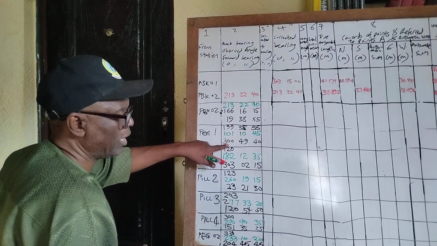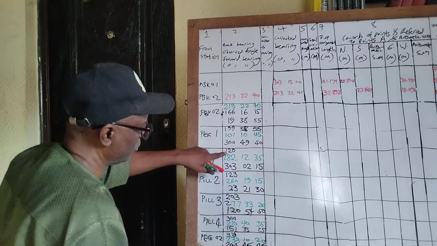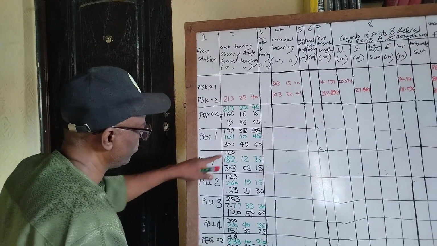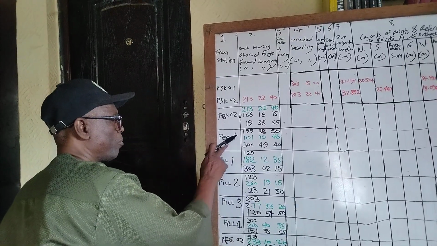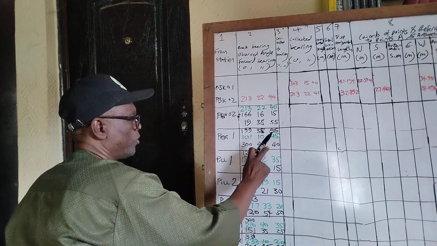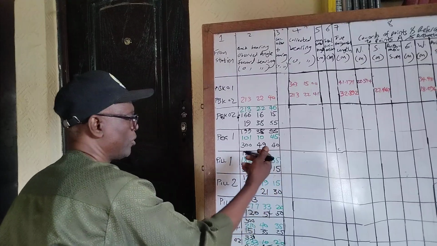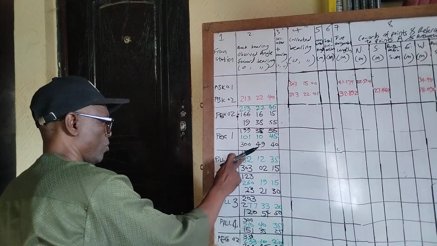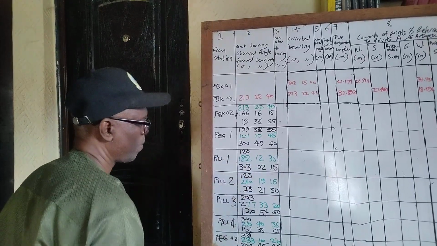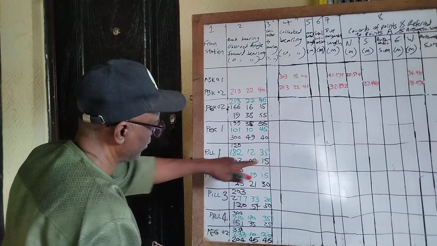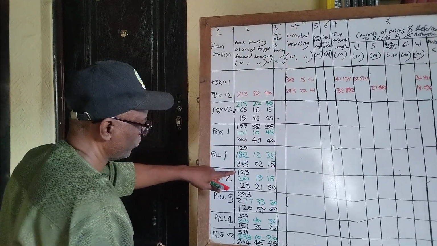That is bigger than 180, so you subtract 180 from it, it will give you 120. That is the back bearing from pillar 1 to peg 1. The bearing from peg 1 to pillar 1 is 349.40. So the back bearing is minus 180. You have 120 plus 182 gives you 303.0215. That's the forward bearing on pillar 1 to 2.